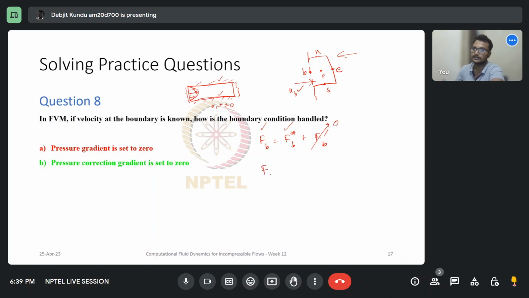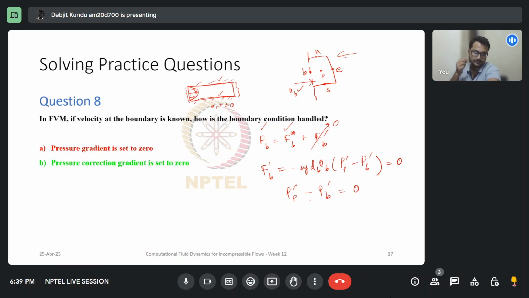And in the finite volume method, this FB prime is something like minus delta y dB into rho b into the pressure difference. So the pressure difference is something like pP prime minus pB prime. Now, since this is 0, this is equal to 0.